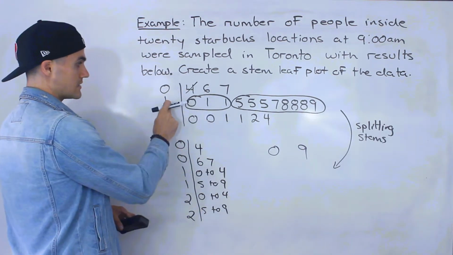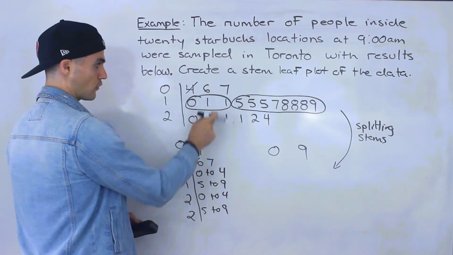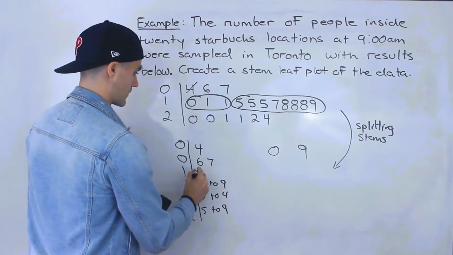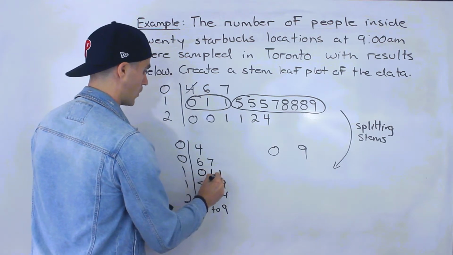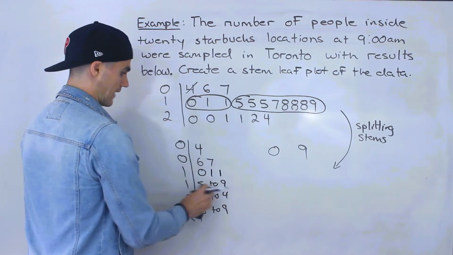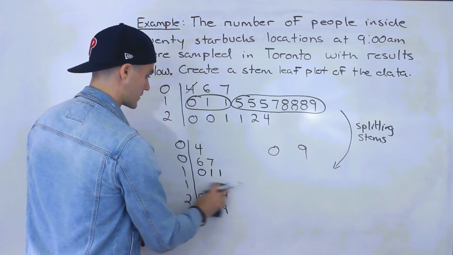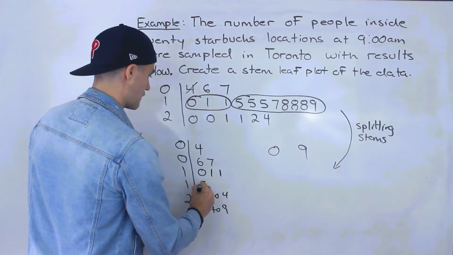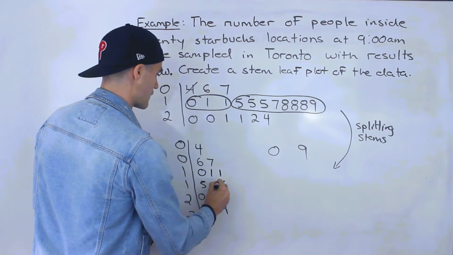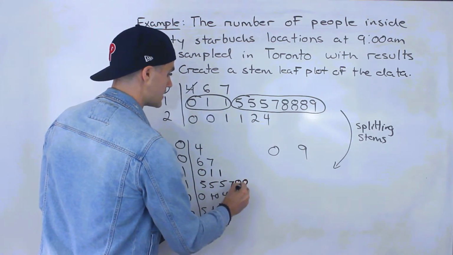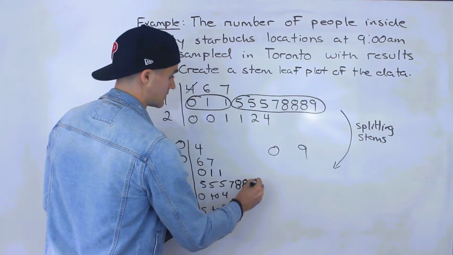And now for the 1s, between 0 and 4, I already circled them. So it's 0, 1, 1. And then between 5 and 9, it's going to be all of these circled. So it's going to be 5, 5, 5, 7, 8, 8, 8, 9.